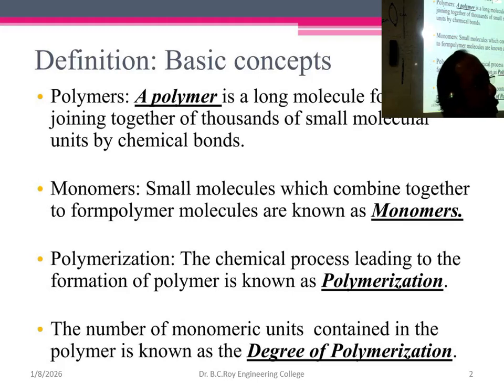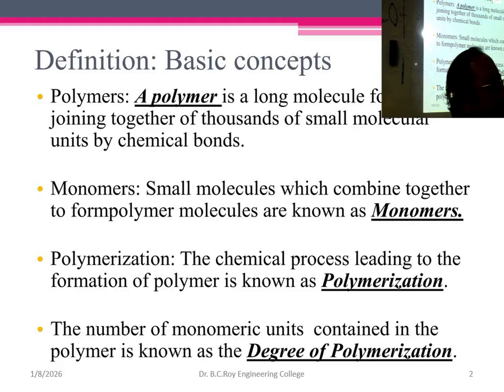So block A, then block B, then block B, block A again. This type of thing is called a block polymer. A few monomer units gathered together form a block, and some other monomer units gathered together form another block. So block A, block B, again block A, block B, repetition, you get a block polymer.